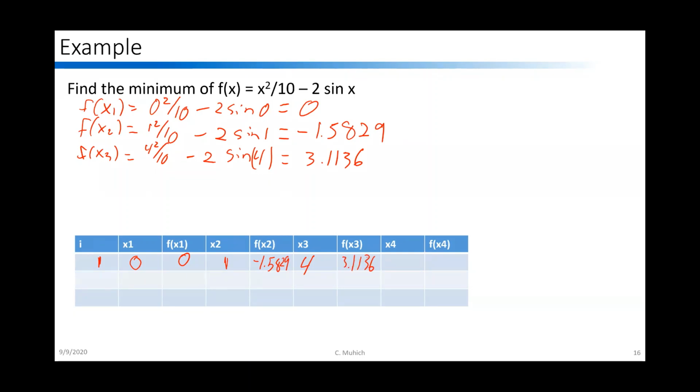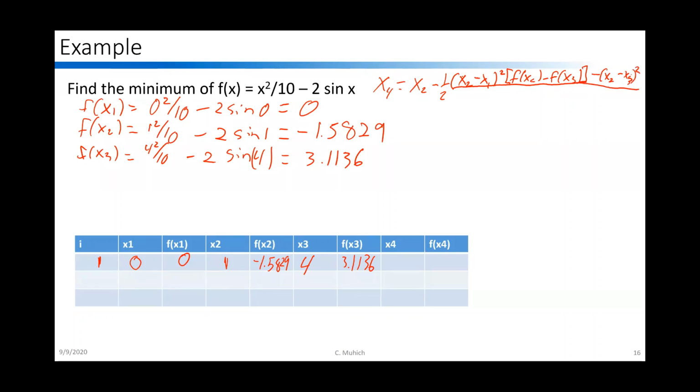From the previous slide, to estimate what x4 is, I'm just going to write that up here: x2 minus 1/2 the quantity (x2 minus x1) squared times the quantity (f of x2 minus f of x3), minus (x2 minus x3) squared.